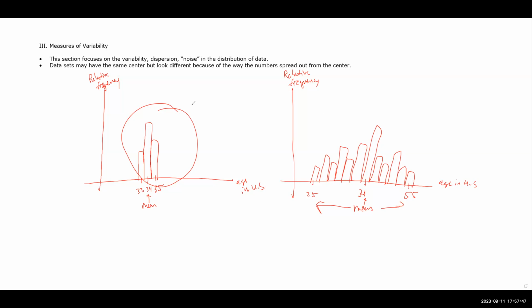So even though both of them have the same measure of central location, here we have a narrow or tight distribution. And here we have a widespread, wider spread distribution.